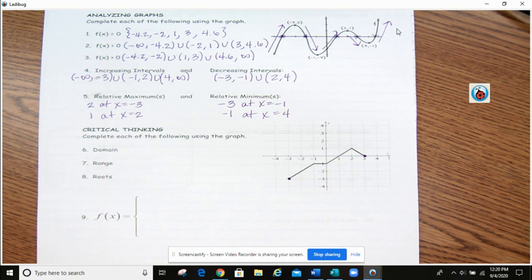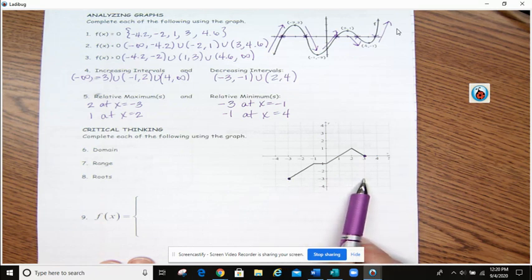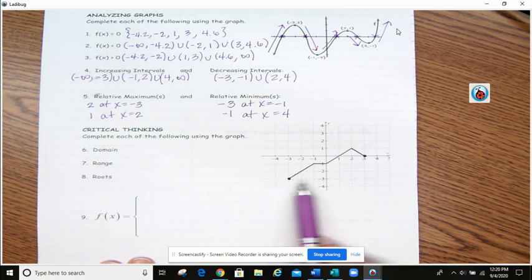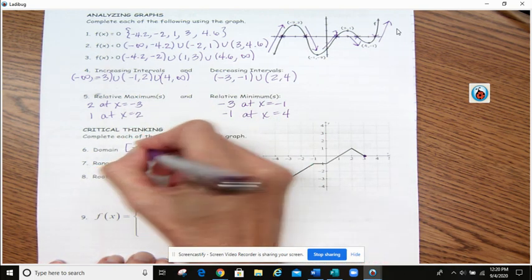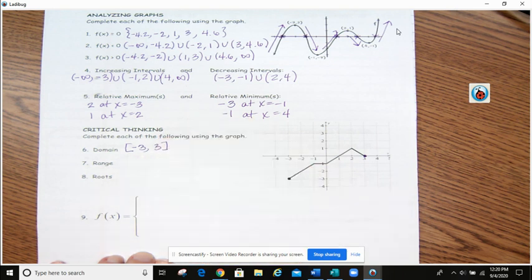You want to go from the leftmost x to the rightmost x, and then you have to remember whether you are going to use brackets or parentheses because you're using an interval again. So this graph goes from this point to this point. From left to right, the smallest x is -3, and the largest x is +3. Because we are assuming that those are endpoints, we would use brackets to include those x values.